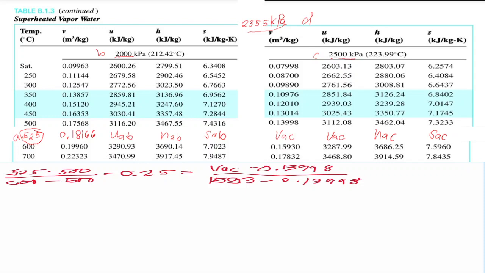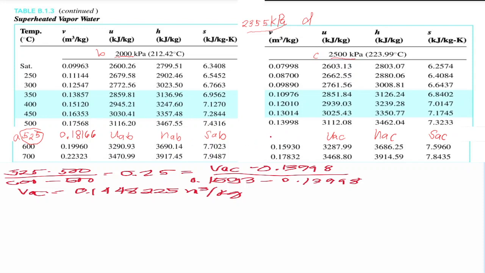So those make your VAC equal to 0.1448225 meter cube per kilogram. So we now substitute that in this value.